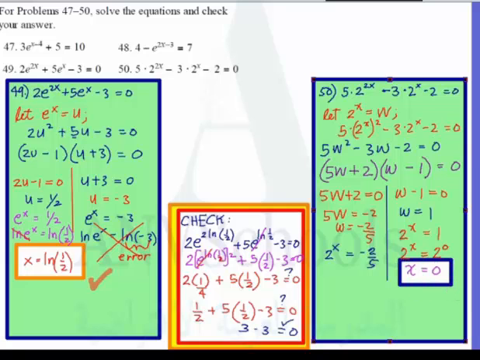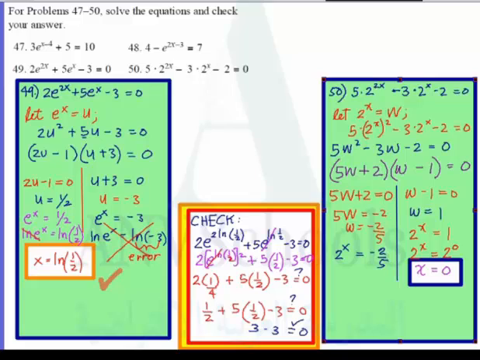Okay, how about on the other side? If I take the log, this would give me x log of 2. I'm using the common logarithm, is log of negative 2 over 5. And does log of negative 2 over 5 exist?